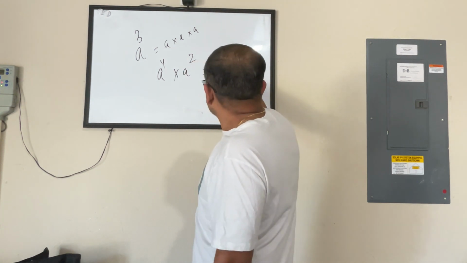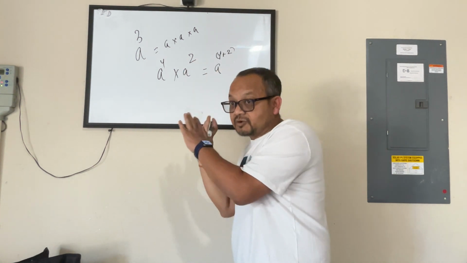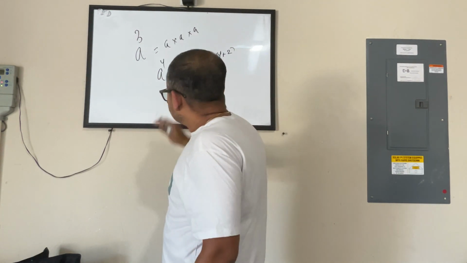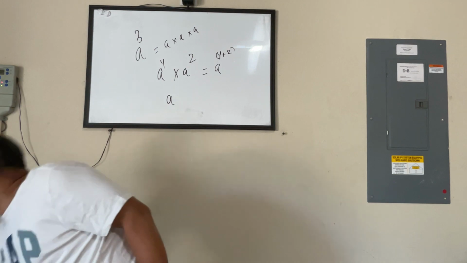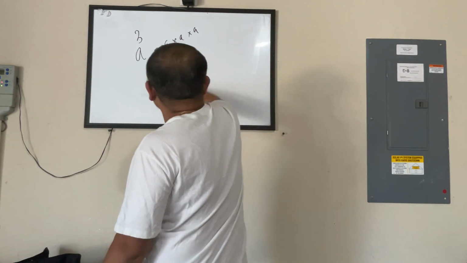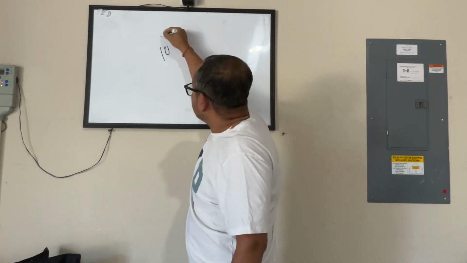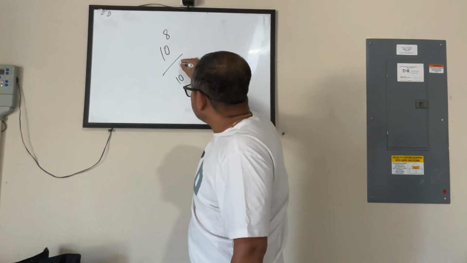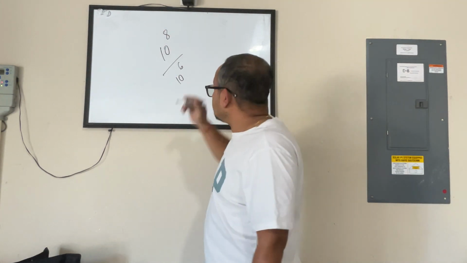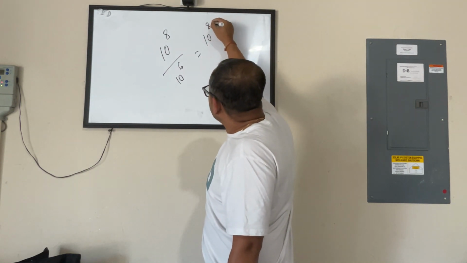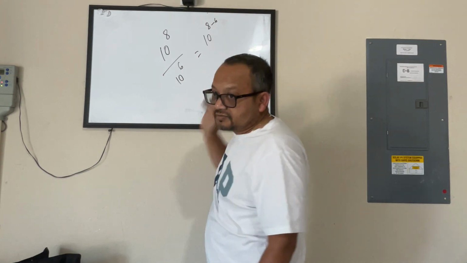Yeah? I'm just doing a recap because this will come in handy. So if I say 10 to the power 8 divided by 10 to the power 6, what we end up doing is 10 to the power 8 minus 6, that is 2.